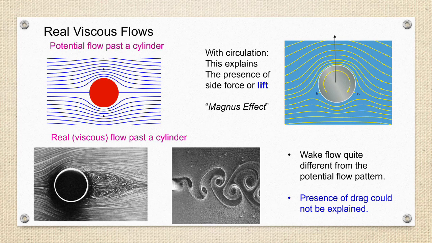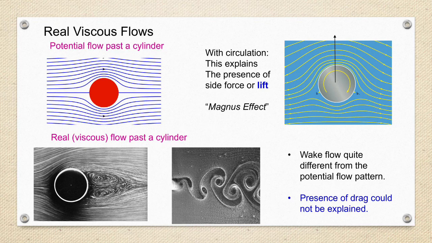So for example, the lift generated on an aerofoil can be understood in the context of the potential flow theory. But then if you look at the real viscous flow past a cylinder, this is how it looks. You can see a certain symmetry about the horizontal plane, but there's certainly no symmetry about the vertical line. So this is essentially the wake of a body because of the presence of viscosity.